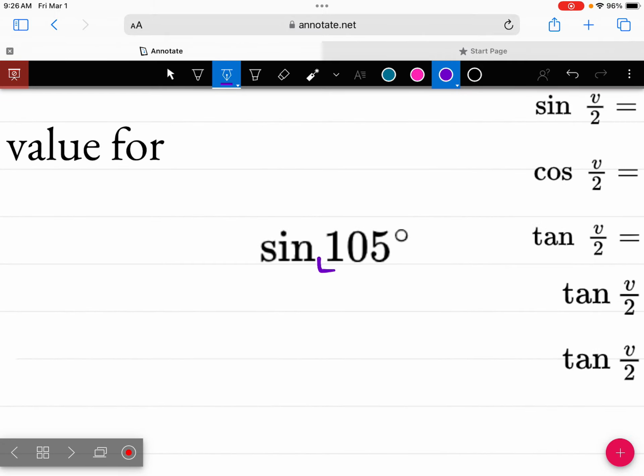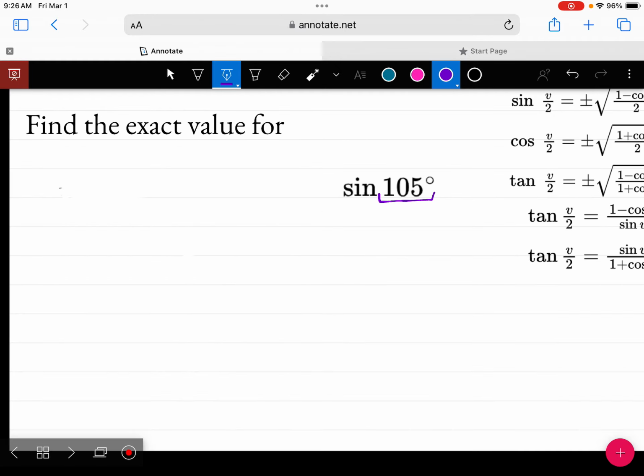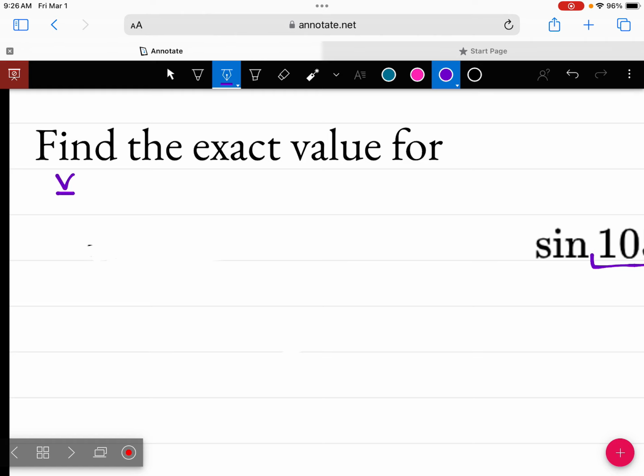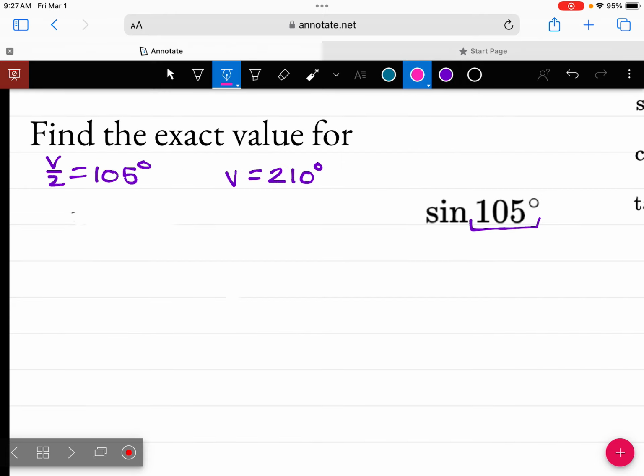that 105 is half of something we do know, 210. So if V over 2 is 105, V is 210. And that's something we do know. 105 is in which quadrant? 2.